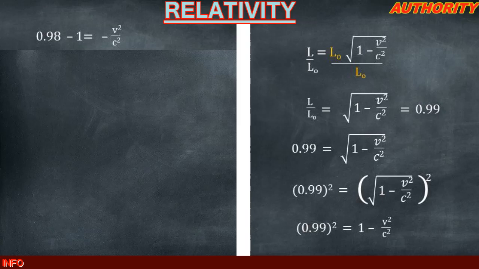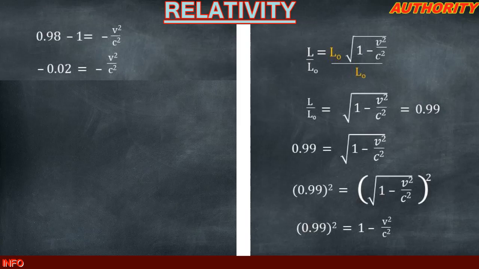Is that true? Yes. Now when you say 0.98 minus 1, it's going to give you minus 0.02. Is that true? Yes. Equal to minus v squared over c squared.